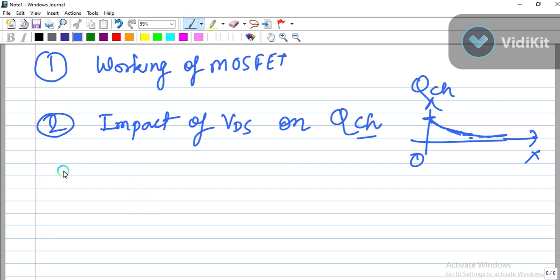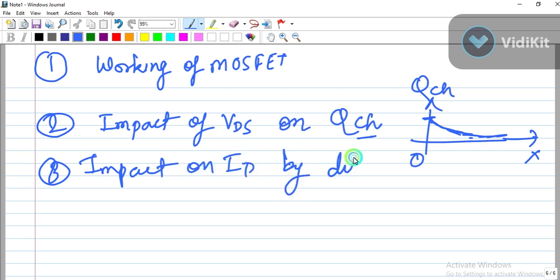And then we saw the impact on ID by different parameters.